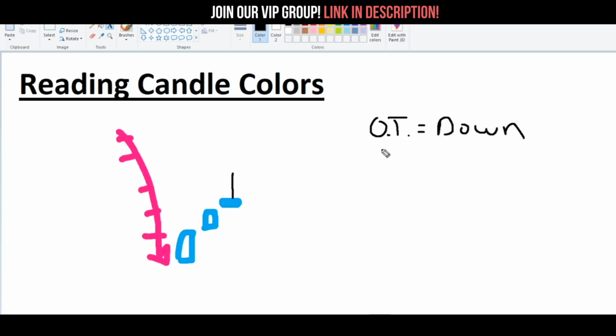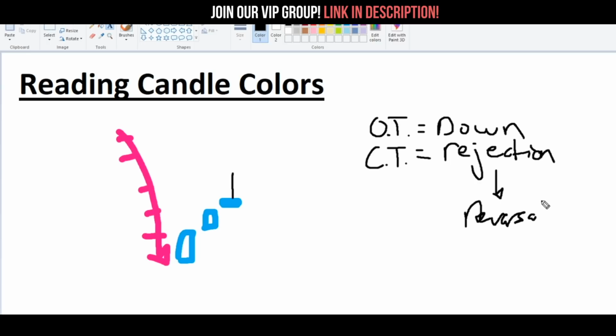And we're seeing on the counter trend, the CT, we're seeing rejection or a reversal. And this is kind of cool because if the overall trend is down and we have rejection on this counter trend that's attempting to rise, that could lead to some bigger push lower. And that to me is one of my favorite trading setups, looking for a pullback that has some sort of weakness in it and looking to go short and continue it, right?